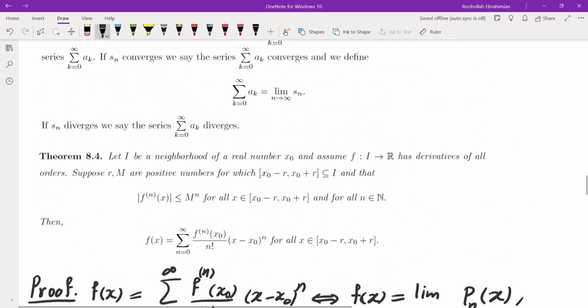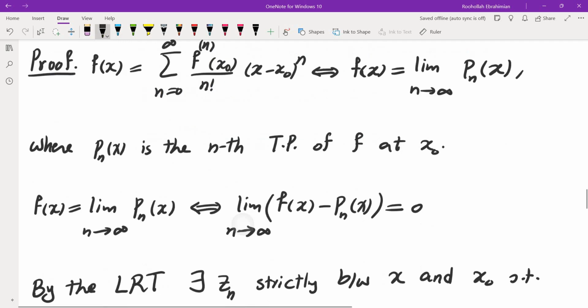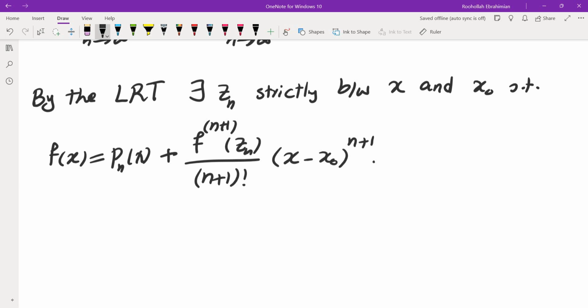And by the way, this is for x inside that interval, the same x that they talked about in the problem.